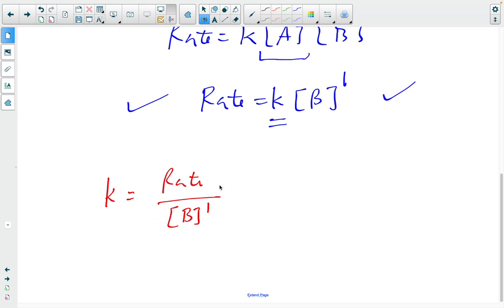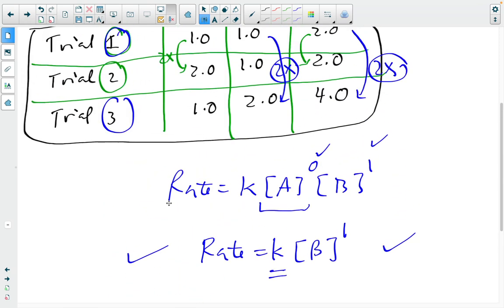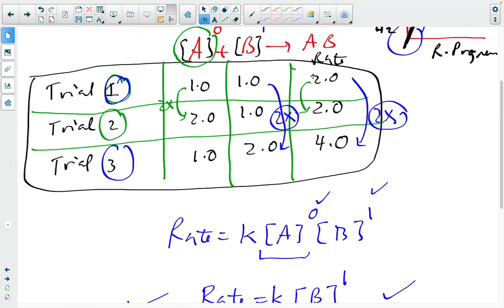If I actually want to plug some numbers in here and find the value of K, I'm going to go to my table here. And here, I can use any trial, the numbers for any trial. So I need the concentration of B and I need the rate. The reason I can use any trial is because these trials were all repeated under the same conditions of temperature and there's no catalyst added, which means the K is the same for all of them.